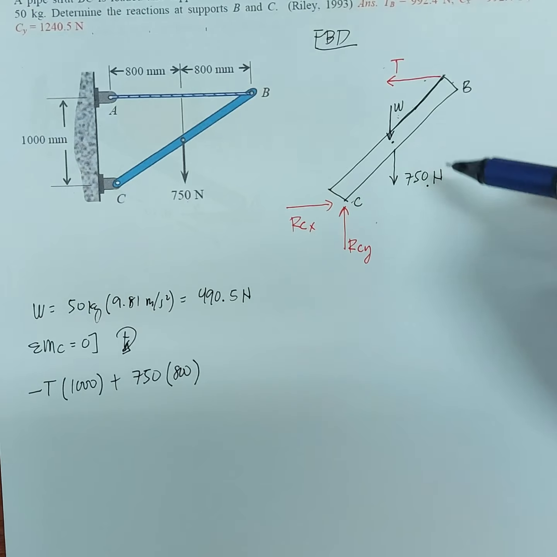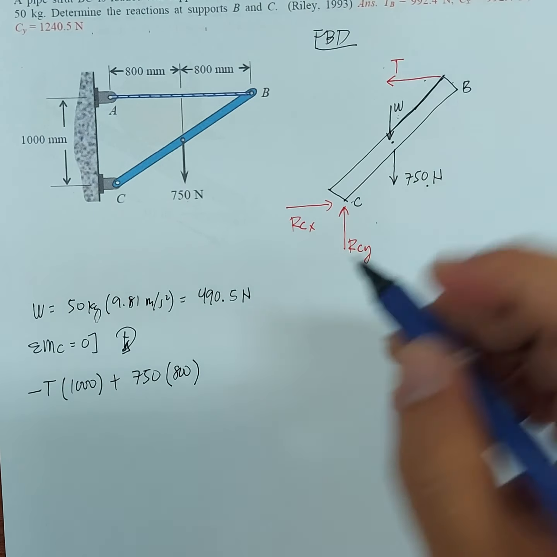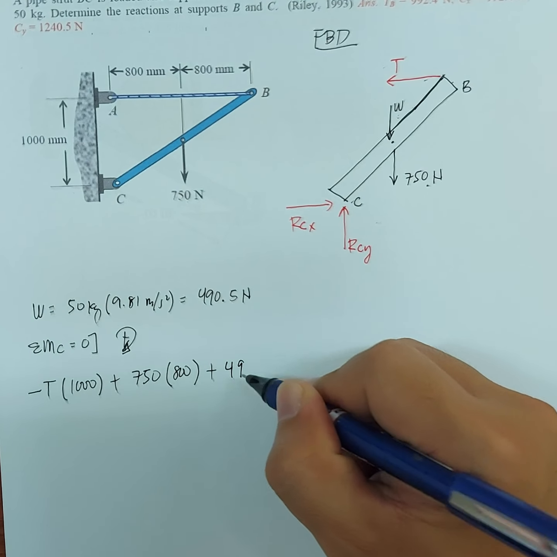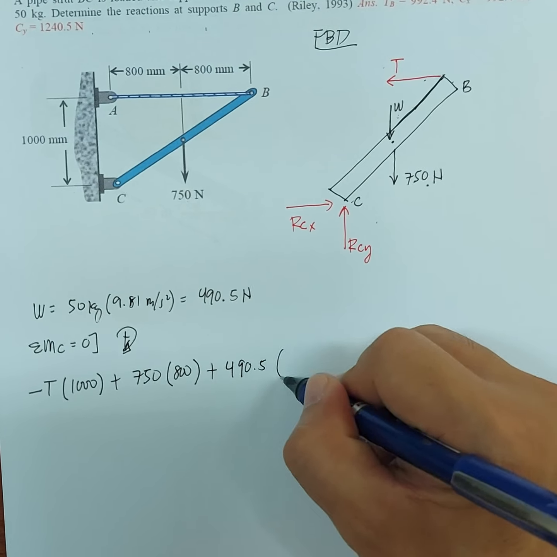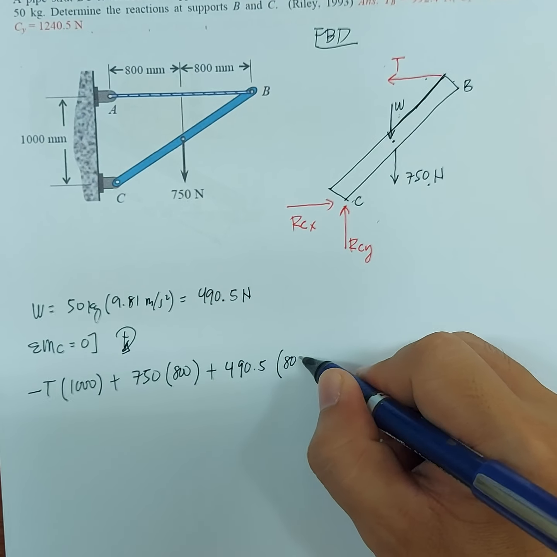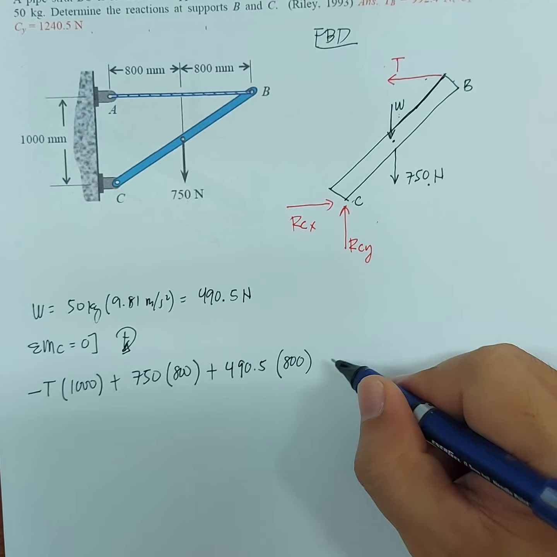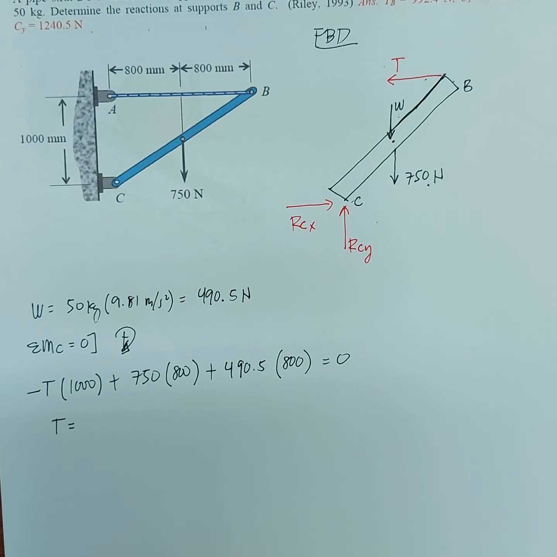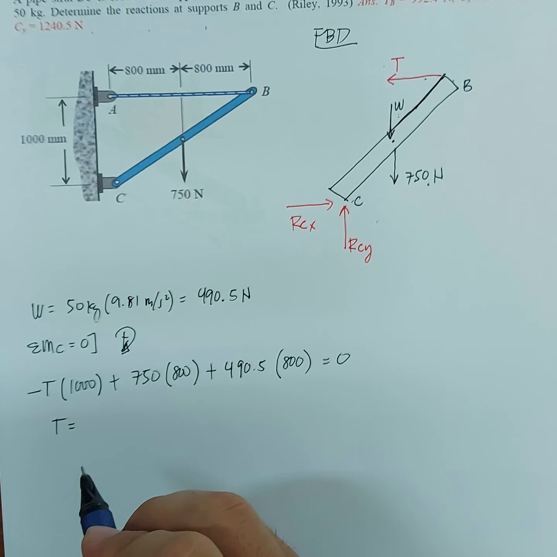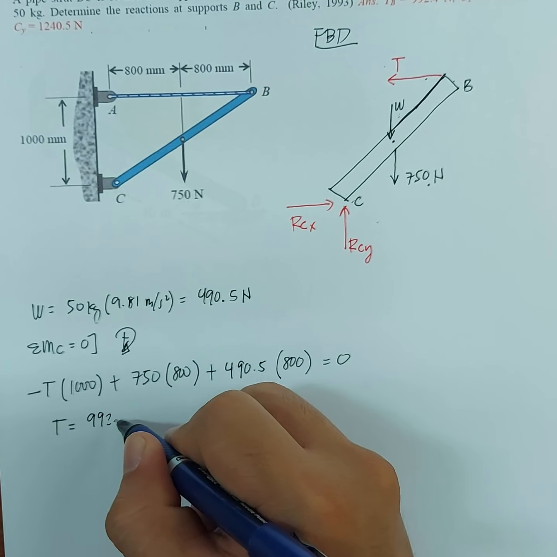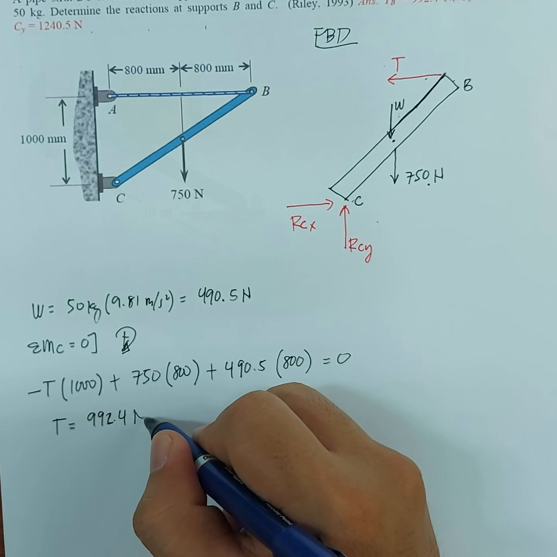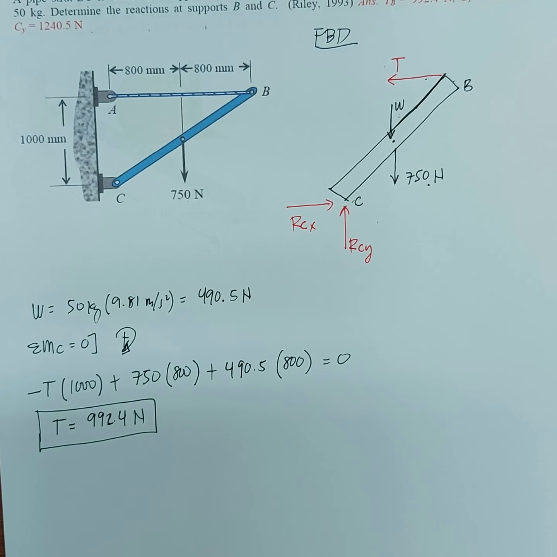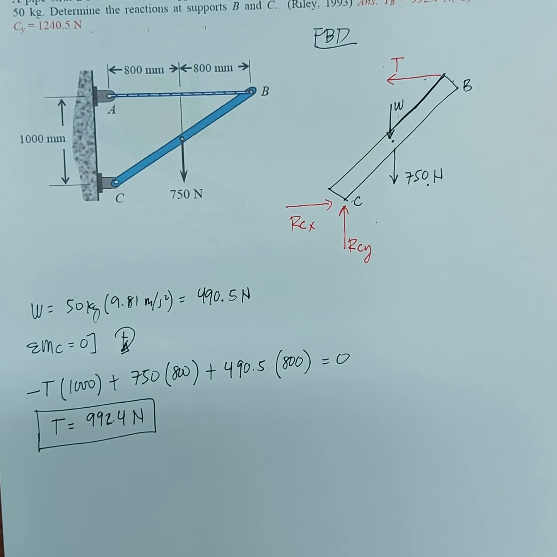Nandun din yung 750 Newton force, obviously. So, again, that's clockwise. So, plus, we have 490.5. Its moment arm is also 800 millimeters. And then, wala na. So, we have T is equivalent to 992.4 Newton. So that is the reaction of the support at B, which is a cable.